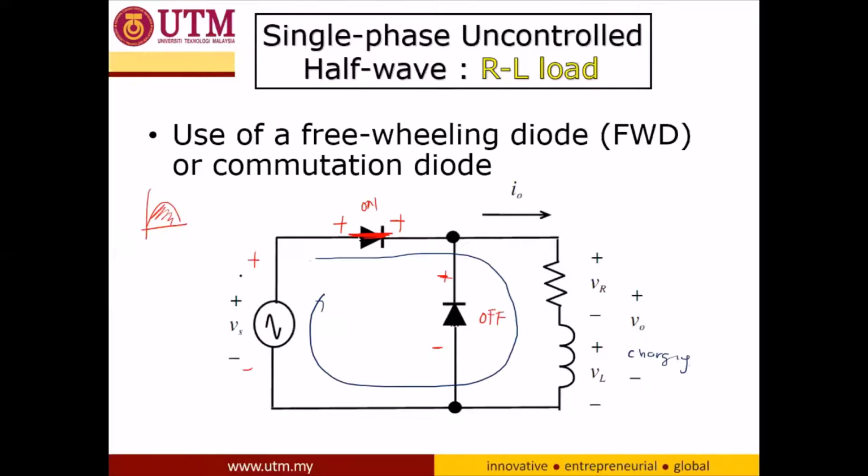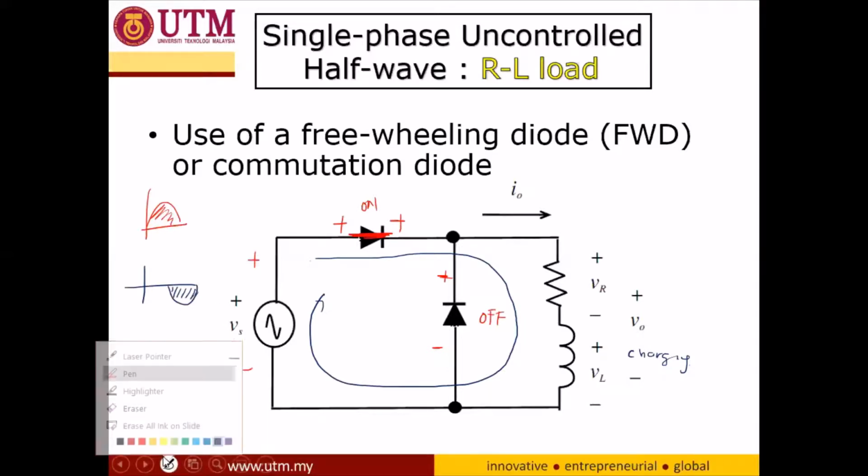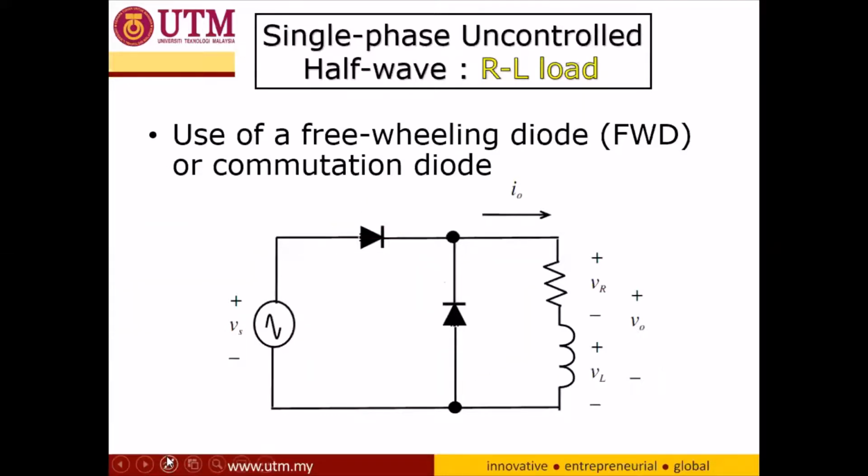When it becomes a negative cycle, the polarity is changed. This one will become negative and this one positive. So the anode of this diode is negative, meaning that it will turn off.